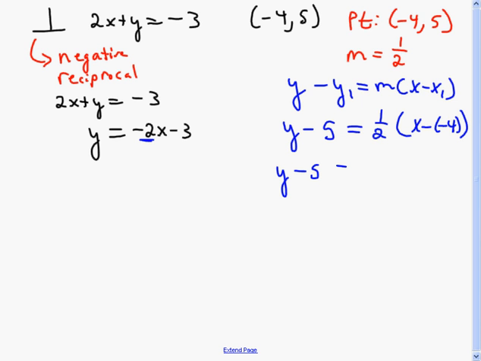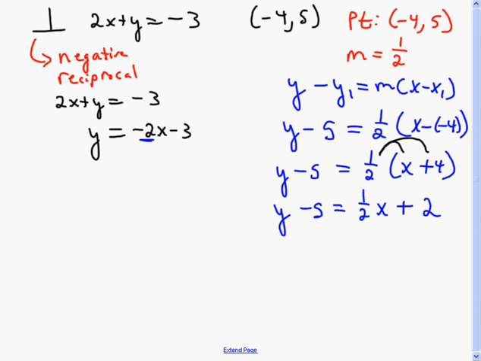So y minus 5 is equal to 1/2 times x plus 4. And so that gives me that y minus 5 is going to be equal to, distribute my 1/2. So 1/2 times x, that's going to give me 1/2 x. And then 1/2 times 4 is going to give me positive 2.